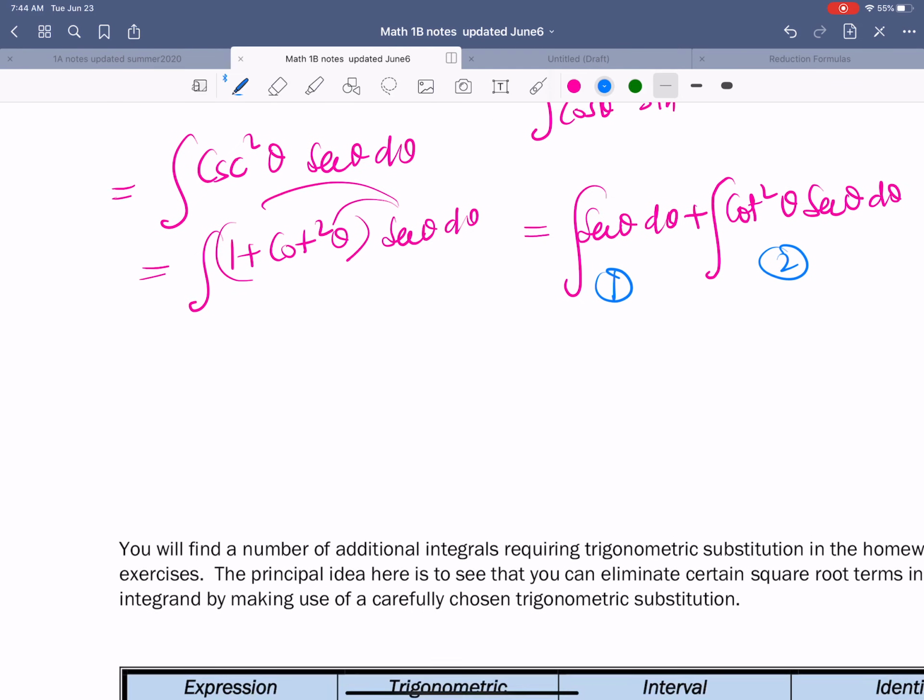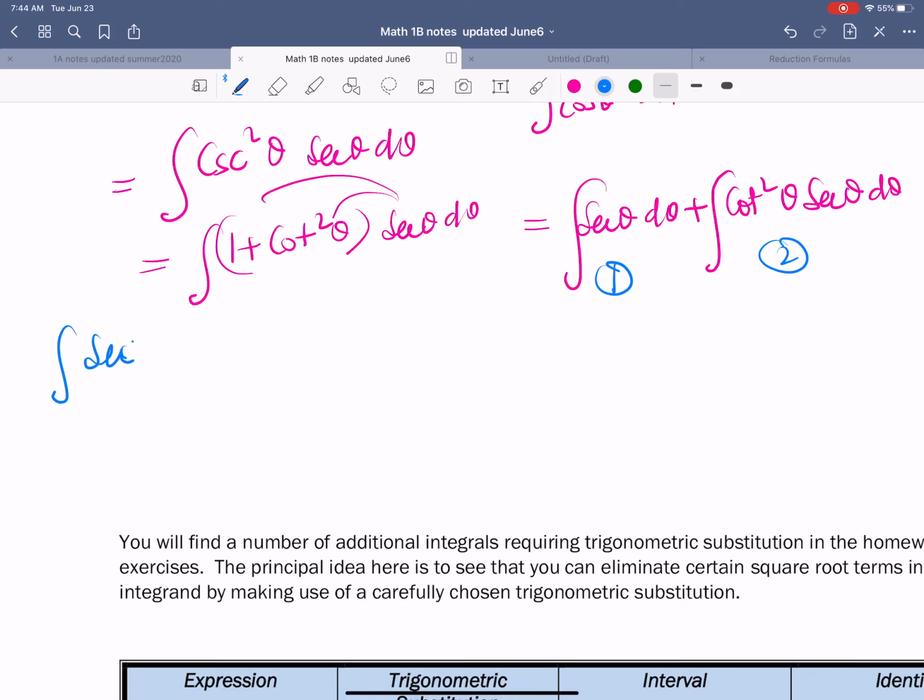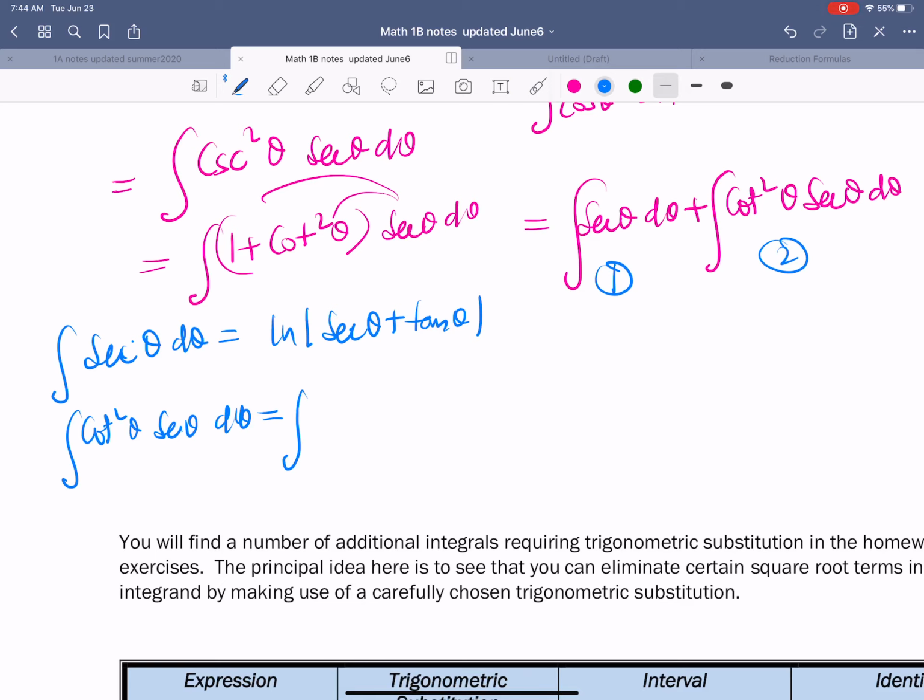The integral of secant theta, we have done that in the past. This one is equal to natural log of secant theta plus tangent theta. I already know this one. How about cotangent squared theta secant theta d theta? Cotangent is cosine over sine, so it's cos squared theta over sine squared theta times 1 over cos theta d theta. One of the cosines can be cancelled, so it's cos theta over sine squared theta.